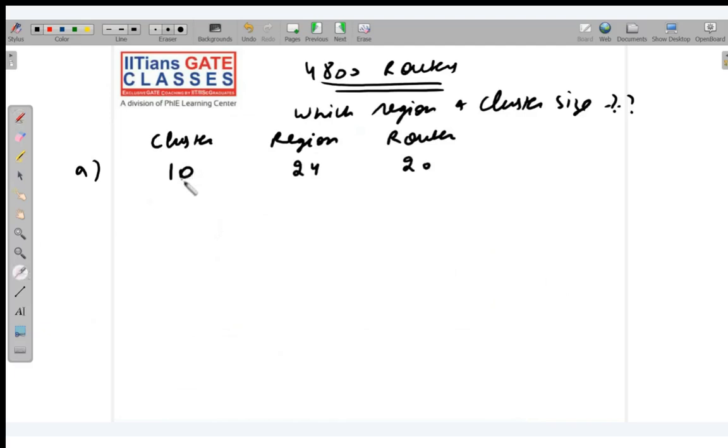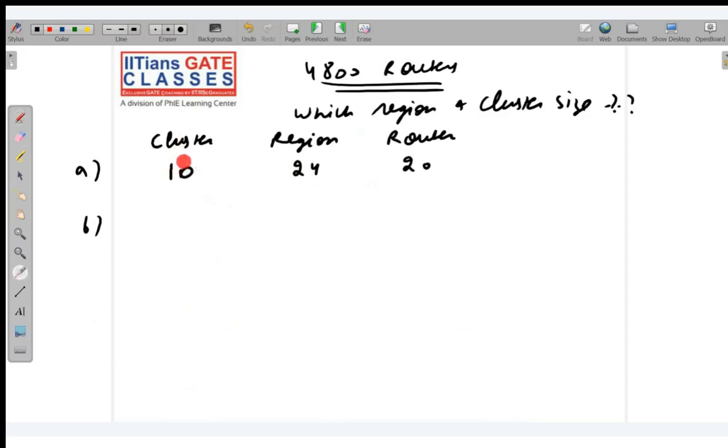Is it okay or not? So 10 clusters, 24 regions, so 240 into 20, that is 4800. Yes, 4800 routers total. So this is good, option A might be okay. Sometimes this calculation itself will fail, so you will cut that option directly. Are you getting it? So routers into regions 20 into 24 and then 10 clusters.